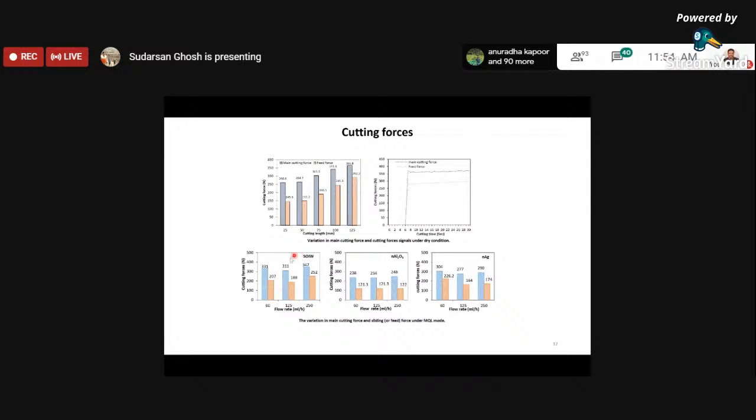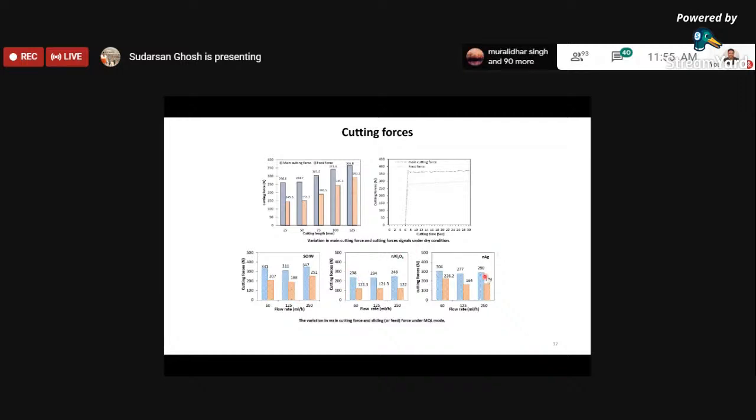Now, this was under dry cutting condition. When it comes to the biodegradable fluid or the nanofluids, here you see that the forces are comparatively much lower compared to what we observed in the dry case. In case of aluminum oxide, definitely the forces are much lower.